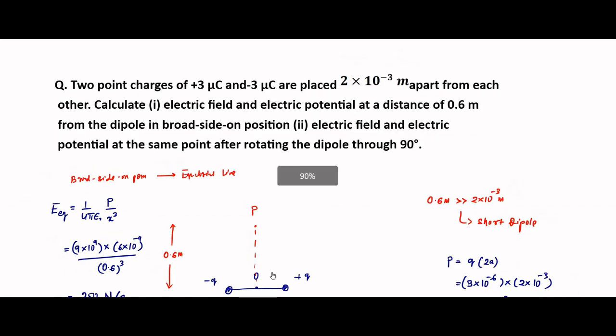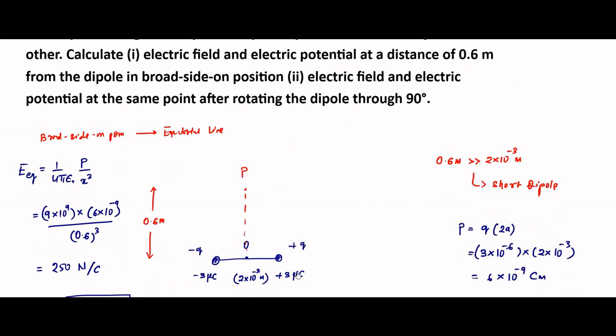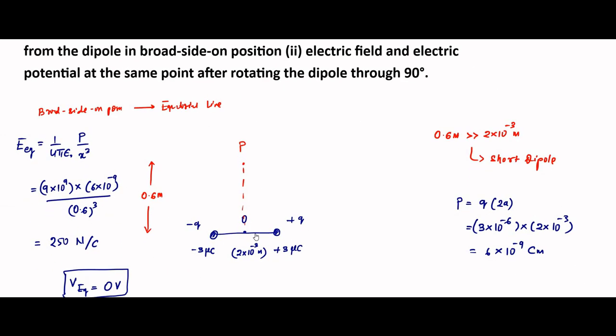So when the dipole is rotated through an angle of 90 degree, the situation is something like this.